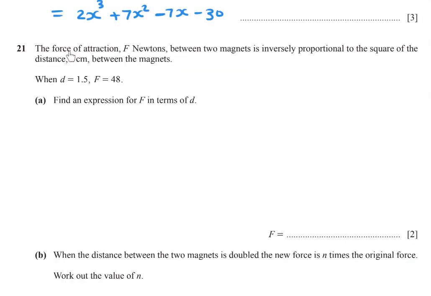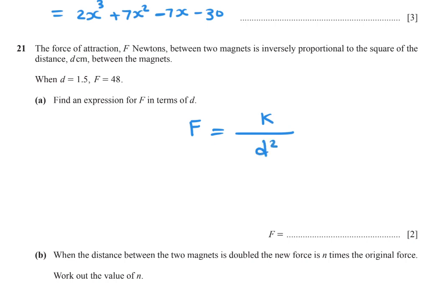21. The force of attraction F newtons between two magnets is inversely proportional to the square of the distance d between the magnets. When d equals 1.5, F equals 48. Find an expression for F in terms of d. Because it is inversely proportional, F equals k over the square of the distance, so d squared.